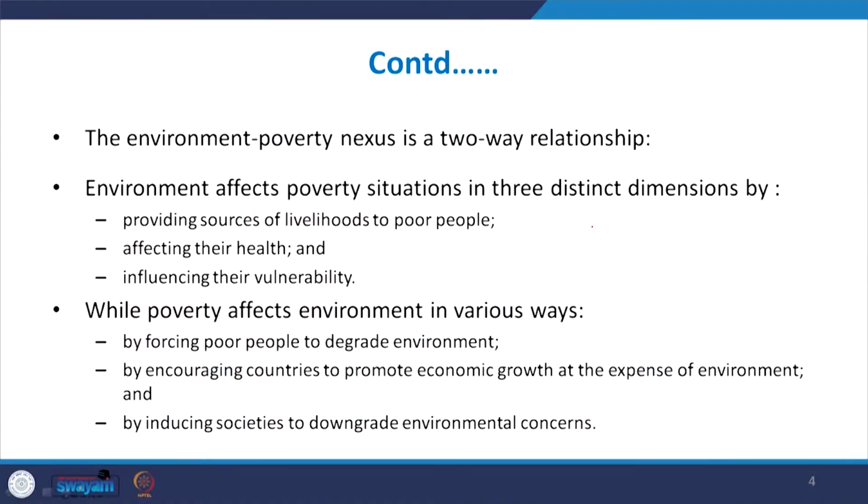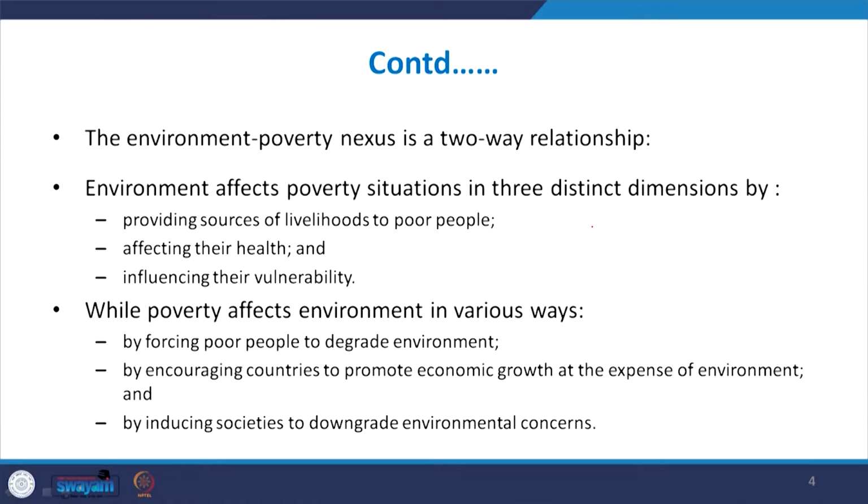Most of the poor people are affected by the pollution, because poor people cannot escape themselves from the adverse consequences of climate change, adverse consequences of floods, disasters etc., as compared to the rich people. So, their health is also affected due to environmental degradation. And the third dimension of poverty is vulnerability.